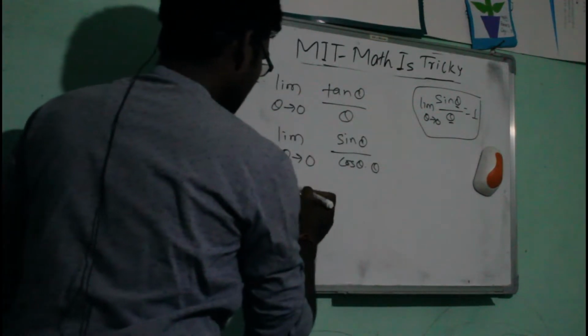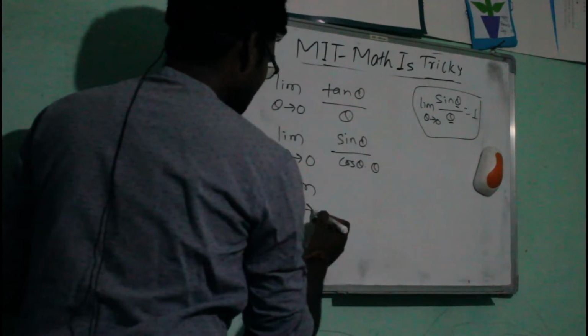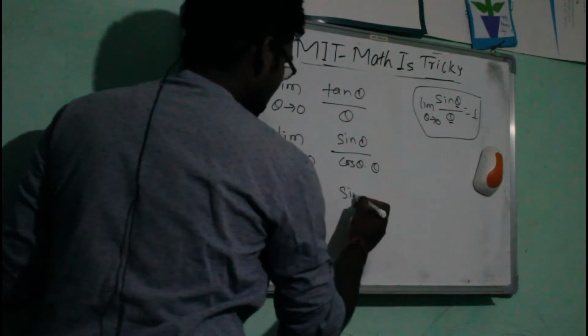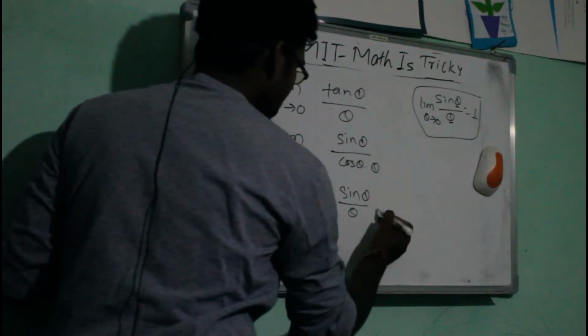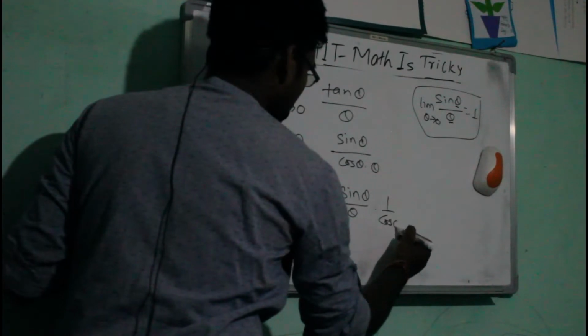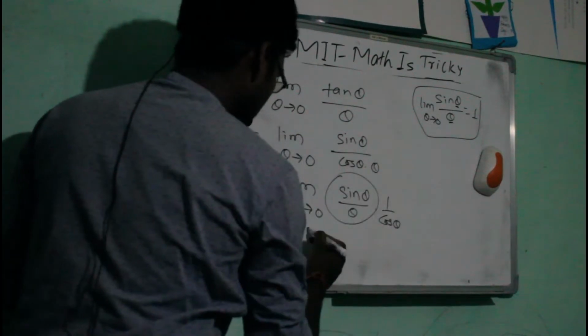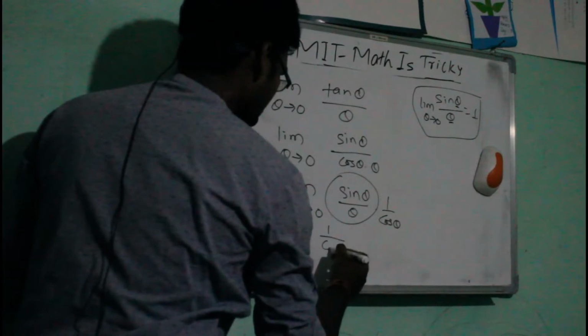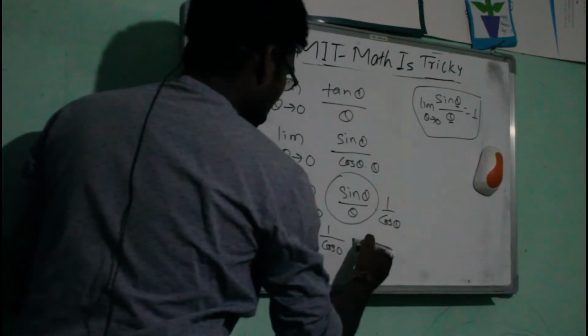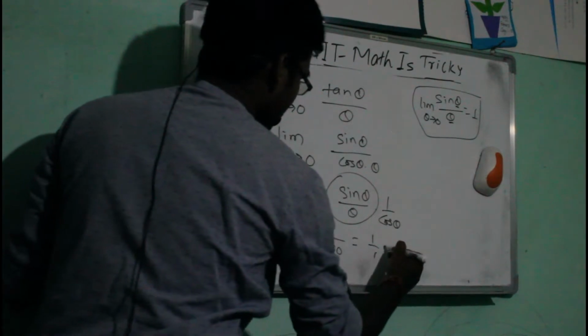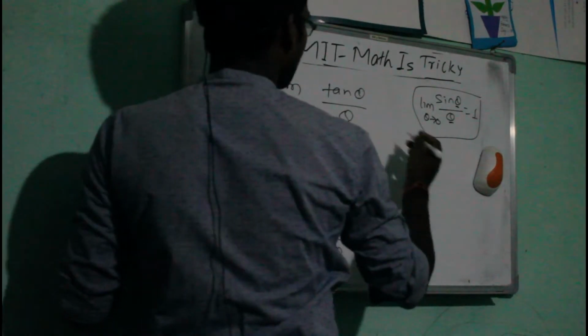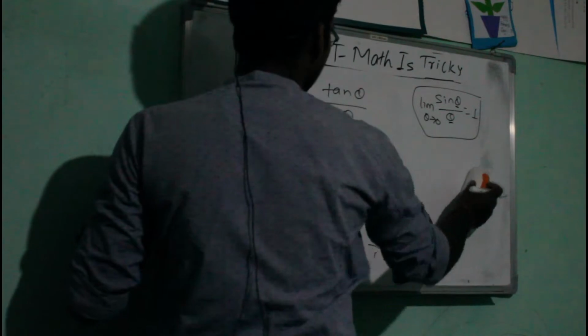So now we can write limit theta tends to 0, sine theta by theta and 1 by cos theta, so this will again be 1. From this formula we can write 1 by cos 0, and the answer will be 1 by 1 equals 1. This means for tan theta by theta also we can write 1.